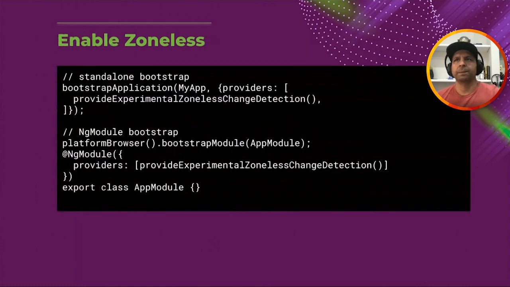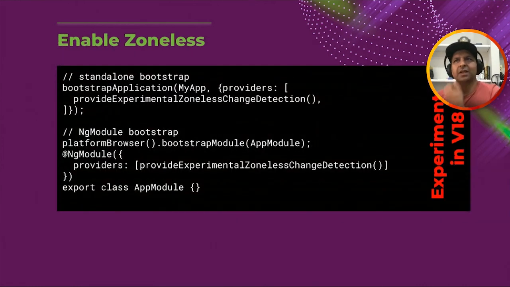And again, keep in mind that this is experimental and anything can change at any time. I would strongly encourage you, if you run into any issues, please open a ticket in the GitHub Angular repo so that the Angular team is aware of this. I think we all want to get away from Zone.js.